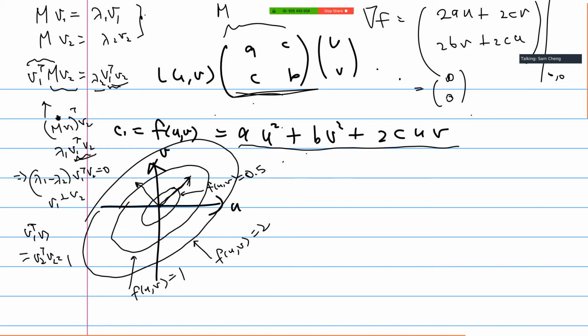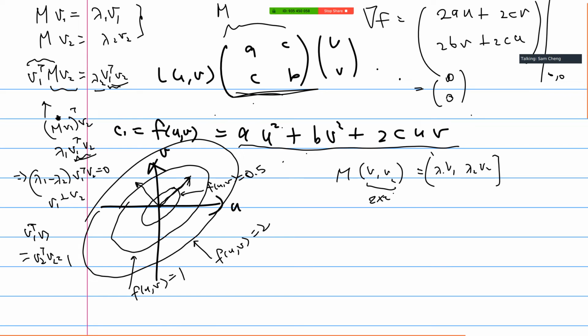As I said, these two equations I can combine with one another as M times [v1 v2] equal to [lambda 1 v1, lambda 2 v2]. Here both of them are column vectors. I just pad them next to each other. So this is now a 2 by 2 matrix.